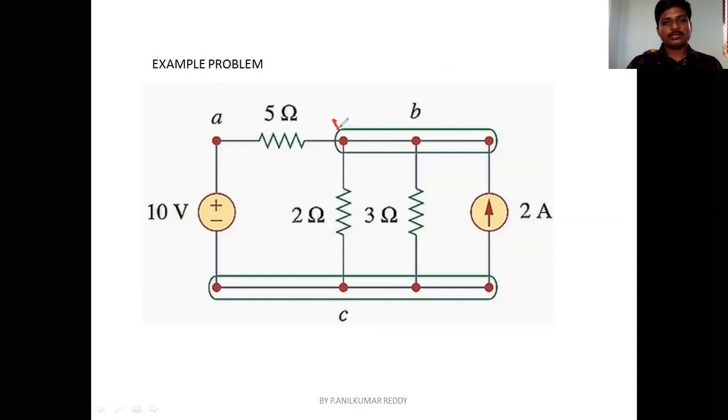Here, as I told you, this node can be called B. This node and this node are connected with a straight line, which means a short circuit. Therefore, this one and this one are the same. Similarly, this one and this one are the same. Therefore, combined, all three dots become a single node. That is node B.